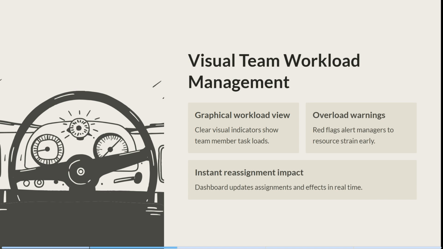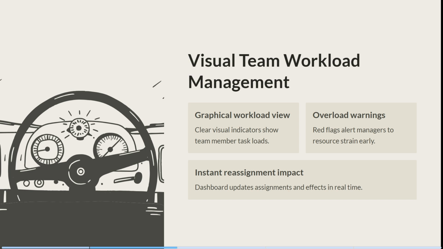You get a graphical workload view, overload warnings, and instant reassignment impact. So clear visual indicators show team members' task loads so they can work efficiently, and red flag alerts warn managers of resource strain earlier on so decisions can be made.